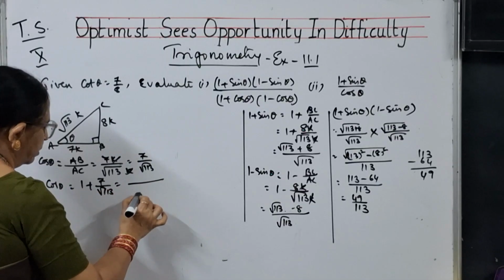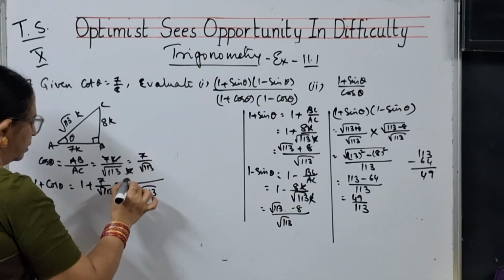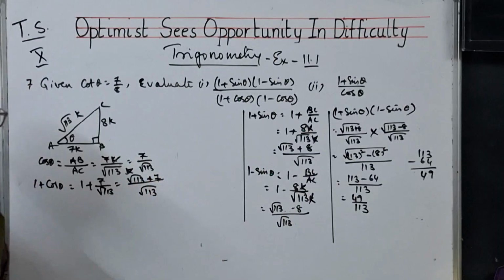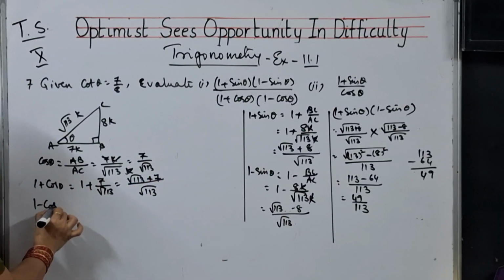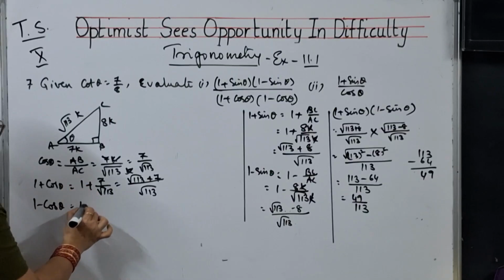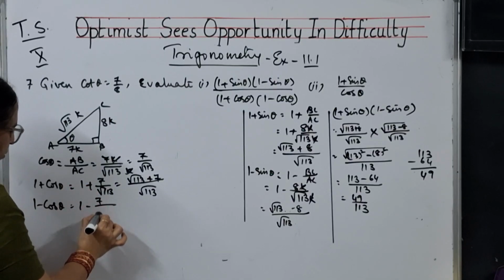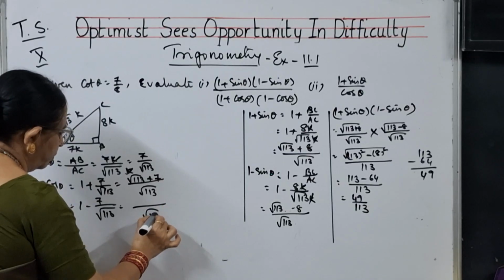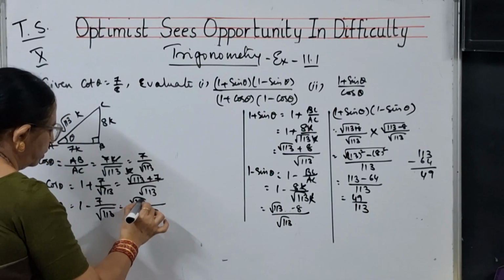This means LCM root 113. So root 113 plus 7. 1 minus cos theta, 1 minus 7 by root 113, that is root 113 minus 7 by root 113.